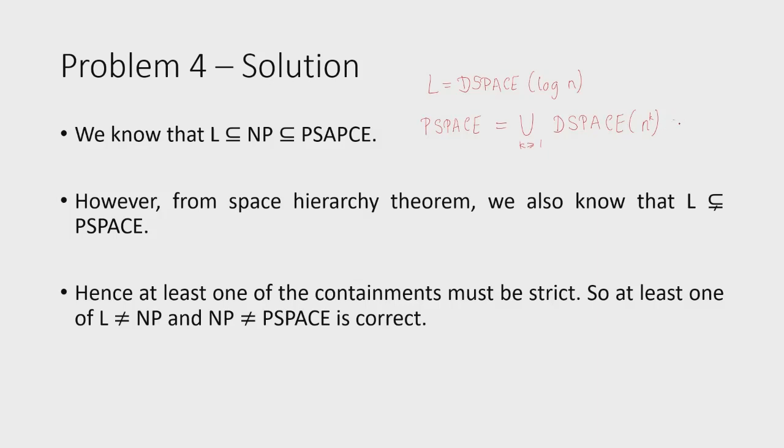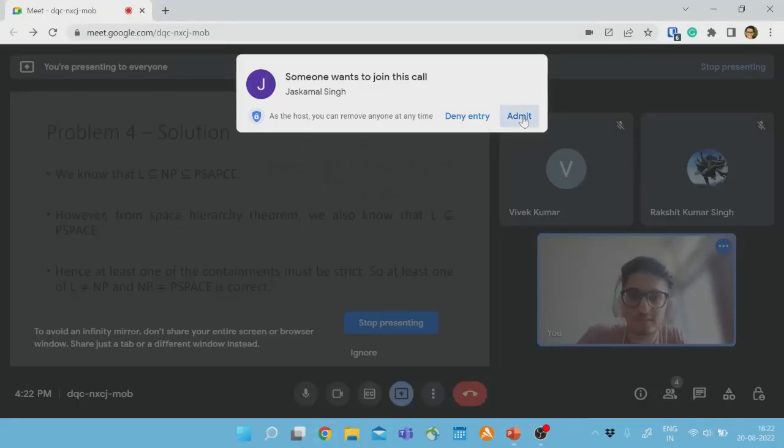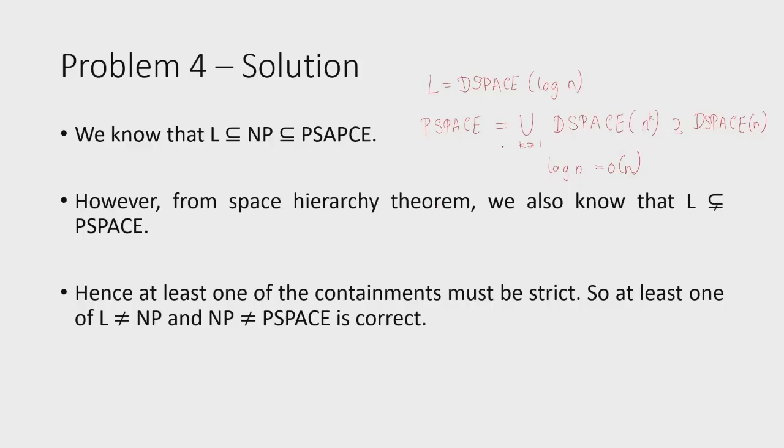In particular, PSPACE contains DSPACE(n), and log n is small o of n.